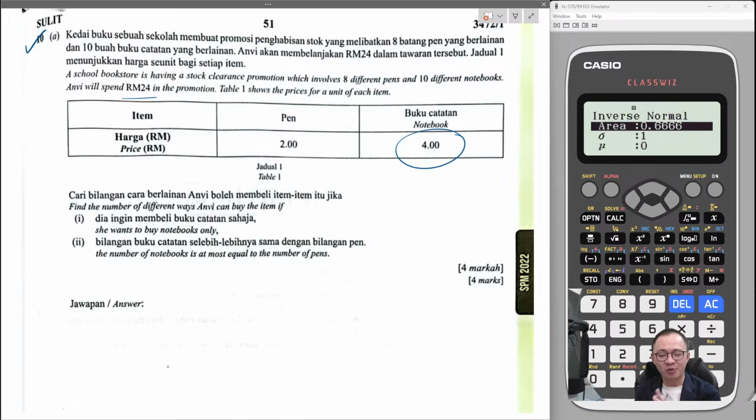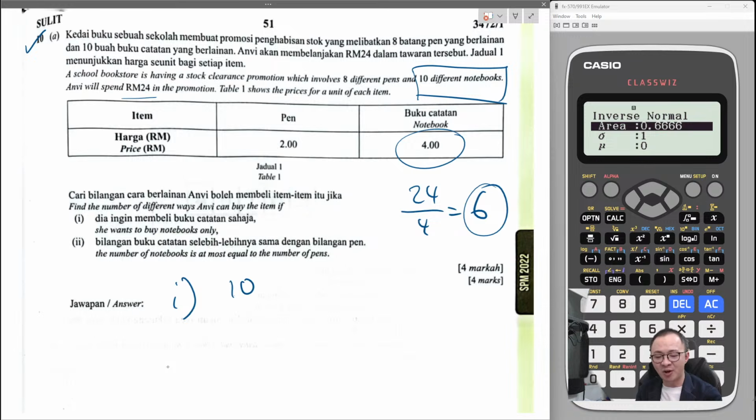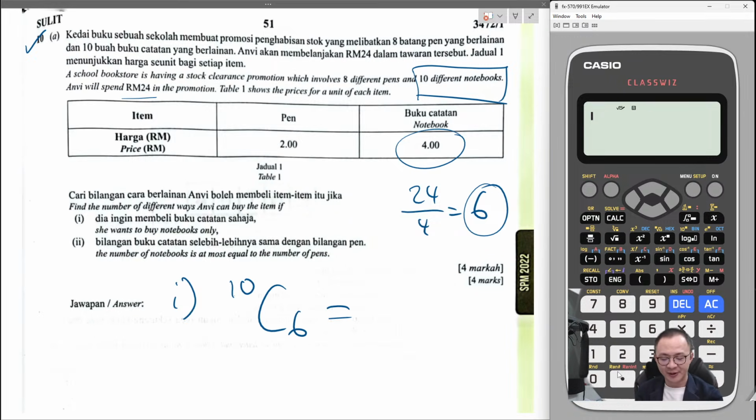You have to spend 24 ringgit. So 24 ringgit divided by 4, they have to buy 6 notebooks, isn't it? How many notebooks in this store? It's 10, right? So I will buy 6 because I spend all my 24 ringgit. So then I type 10C6 lah. 210, done.